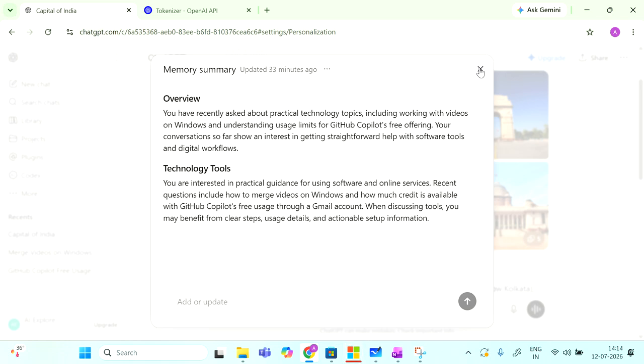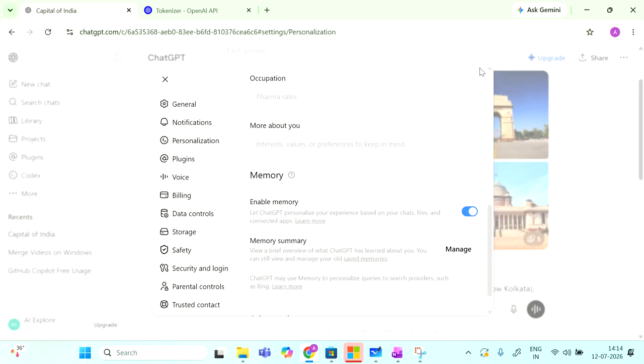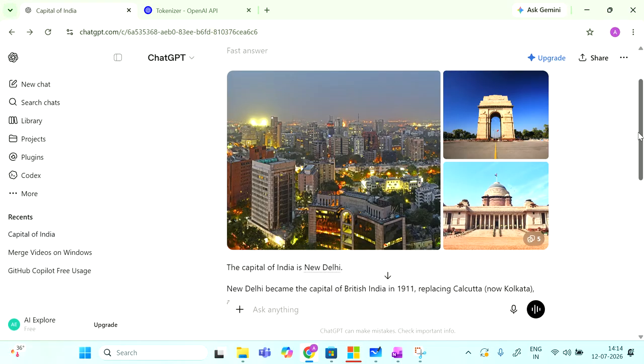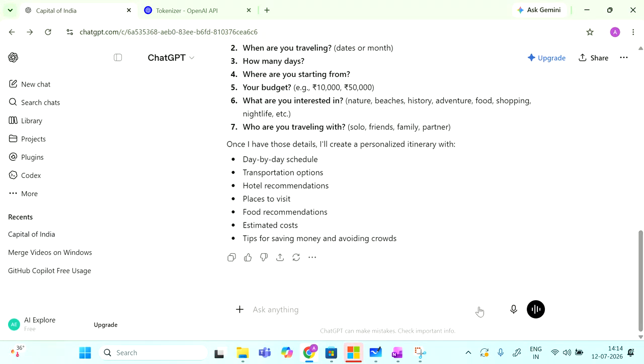So all about yourself, it keeps in your memory, right? So now do one thing, go back again to ChatGPT and ask, tell me about myself, and then you will be surprised because ChatGPT knows each and everything. And how? Because of all the information it stores in your memory storage.